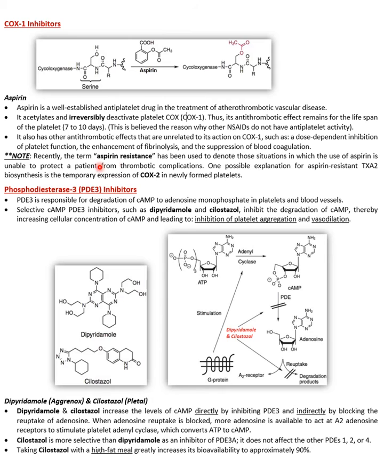There is a term called aspirin resistance, which represents the fact that some patients are not responsive to aspirin. One possible explanation is that some temporary enzymes like COX-2 are being synthesized in these newly formed platelets, and therefore the platelets are able to avoid the effect.